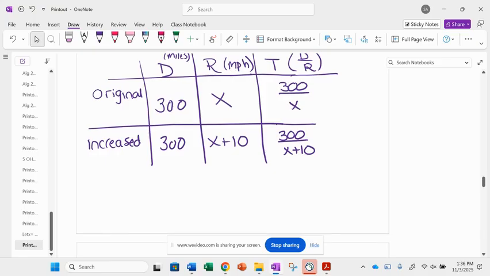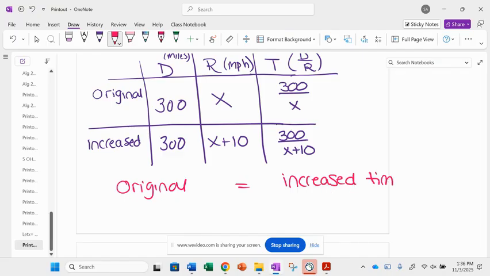So we're clearly comparing their times. So we have the original. We have to somehow make it equal the increased speed time.